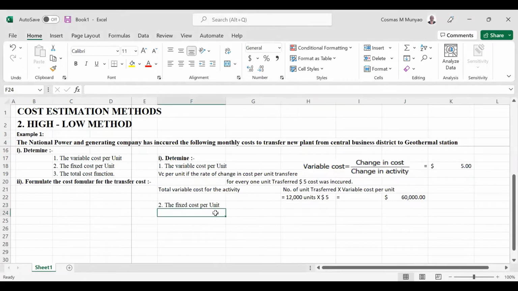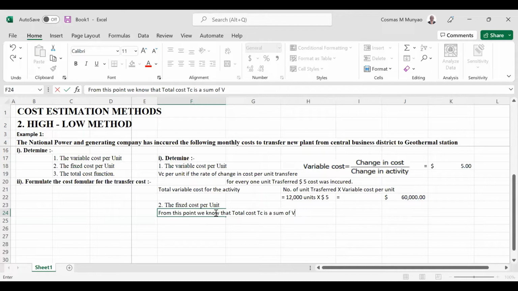From this point, we know that total cost, TC, is a sum of variable costs, VC, and fixed costs, FC.